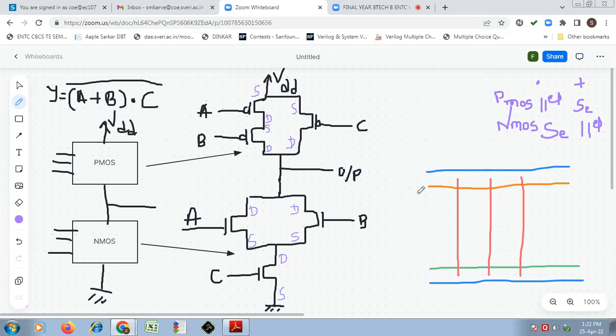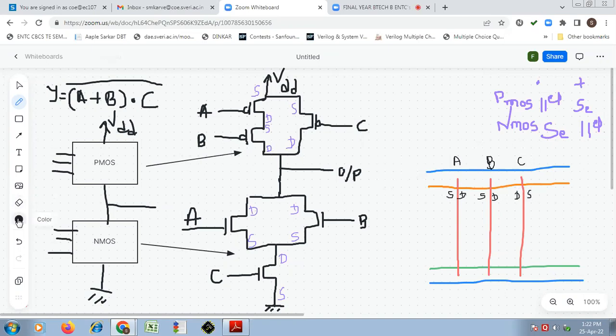So what we will do, we will consider this as A, this as B, and this as C. Now again, I will consider this is source of A, this is drain of A, this is source of B, this is drain of B. Now see, the drain of B and drain of C is common. So I will consider here drain of C, and this will be a source of C.